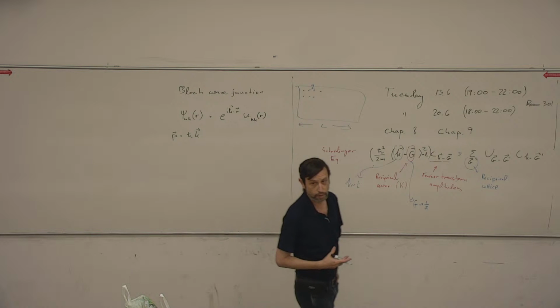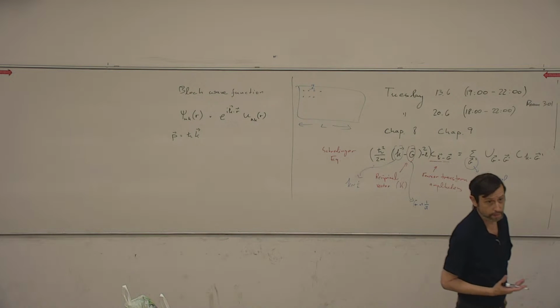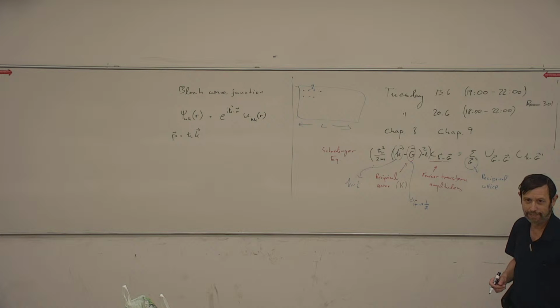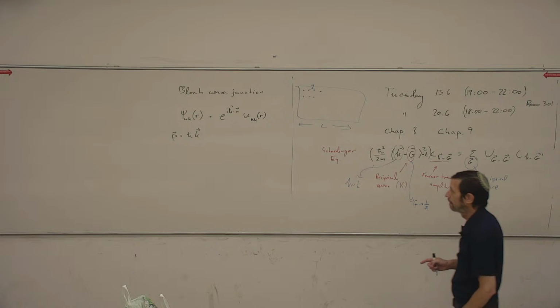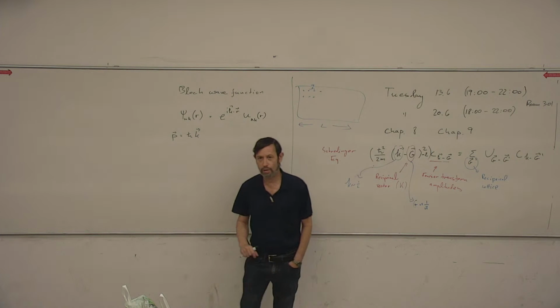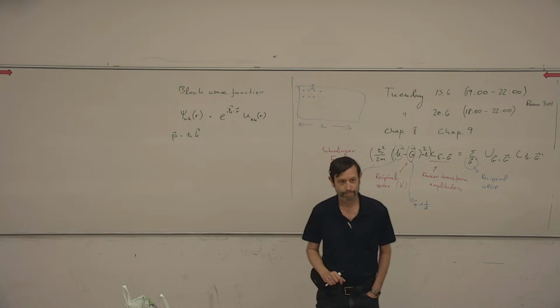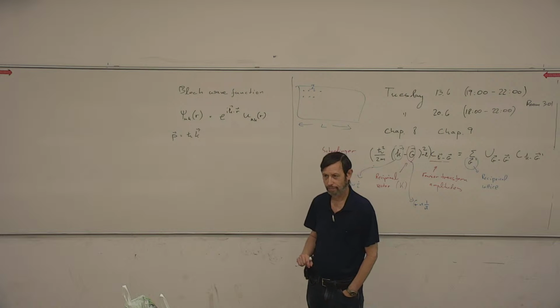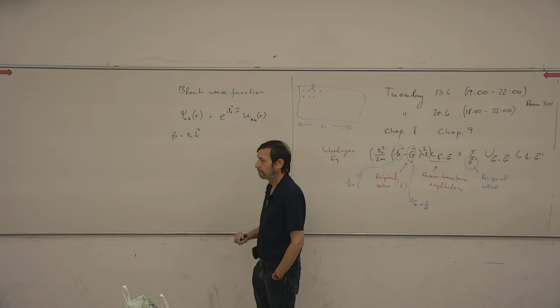You are using this connection nowadays instinctively, I hope. Is this correct for our Bloch wave function? It's supposed to work. This is the right form we use for plus, doesn't it?